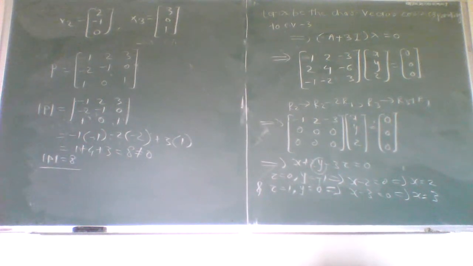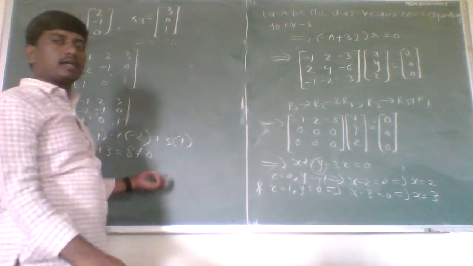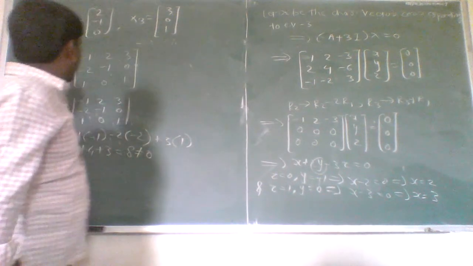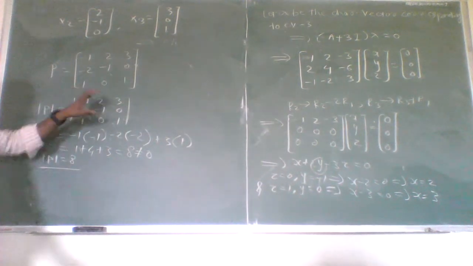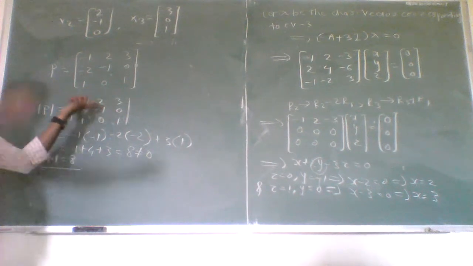Now we have to find P inverse. And how will we find P inverse? We have already seen the adjoint method. P inverse is nothing but the transpose of the cofactor matrix of P divided by the determinant.